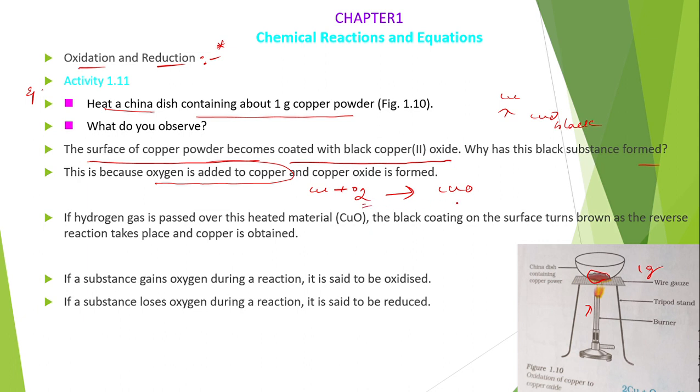See, oxygen is 2, put 2 here. Now copper becomes 2, 2 inside, 2 here. Now the equation is balanced. So here you have to write heat. See, copper, if you are heating with oxygen, you will get copper oxide.